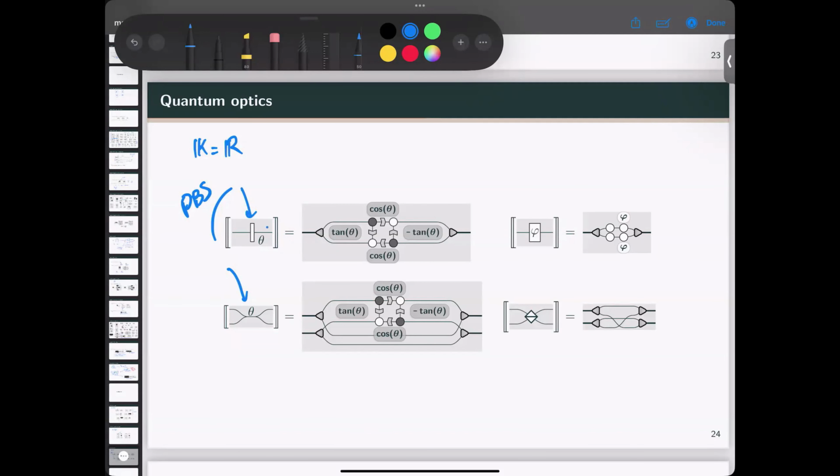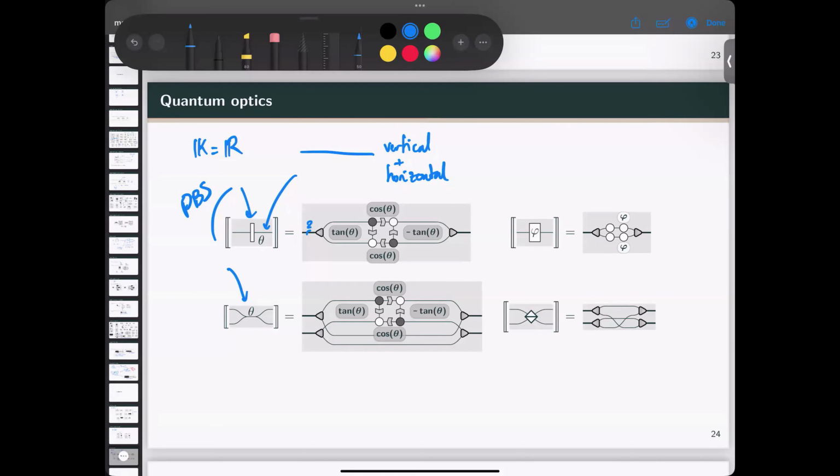The interesting thing, or maybe a slightly amusing thing, is that in quantum optics, if you think of these wires as just a laser beam, every laser beam carries a vertical and a horizontal polarization, and each of these polarizations can carry an independent quantum state. And so the wires in the PBS calculus actually correspond to double wires in the affine Lagrangian picture.